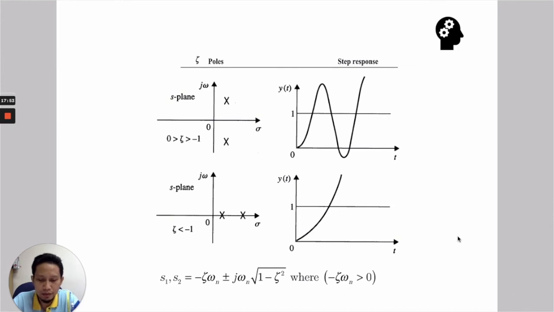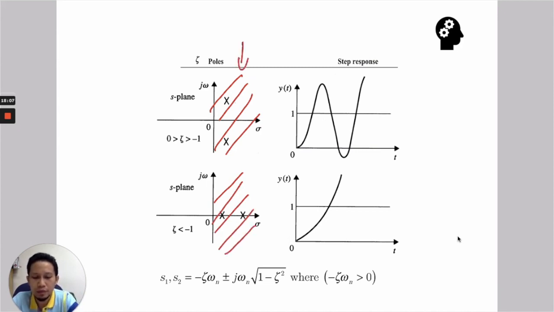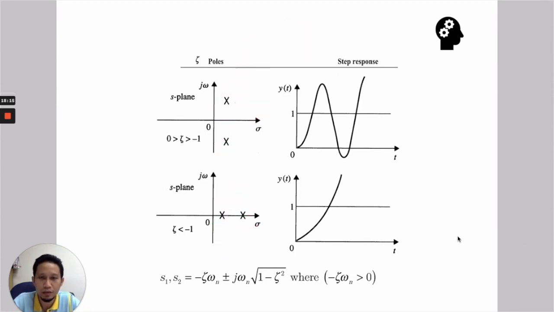But this slide is actually for the location of the poles on the right hand side of the S-plane. As I said before, on the right hand side of the plane, the system becomes unstable. We don't want to create a system that is unstable. We can't control a system that is unstable.